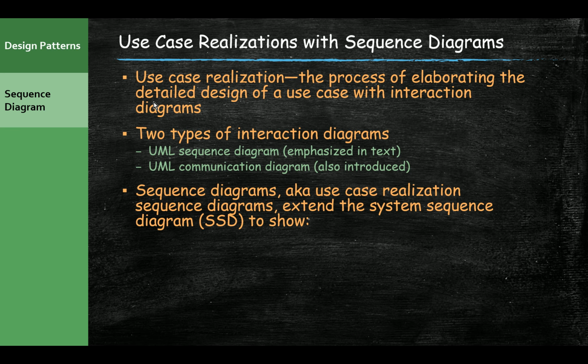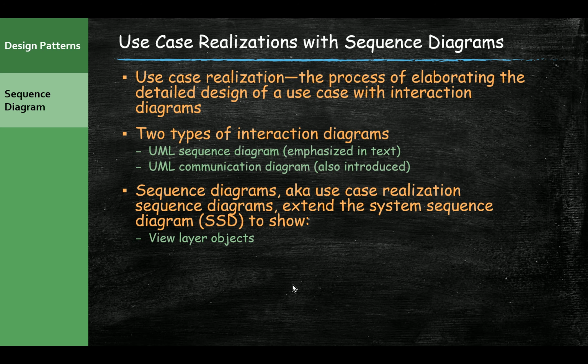So a sequence diagram, aka use case realization sequence diagram, extends the system sequence diagram. So earlier we talked about the system sequence diagram, where we showed the actor and the system and how the actor interfaces or interacts with the system, right? So it's an interaction diagram, and it shows you that over time.